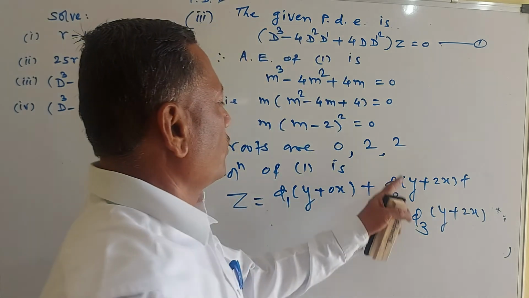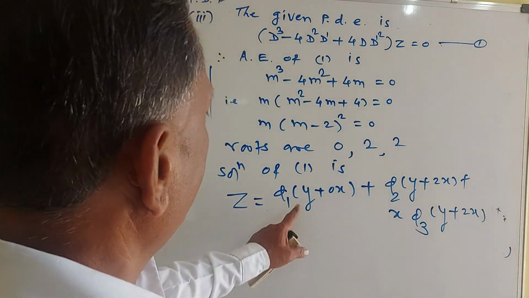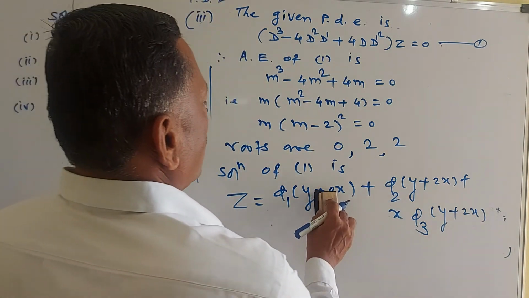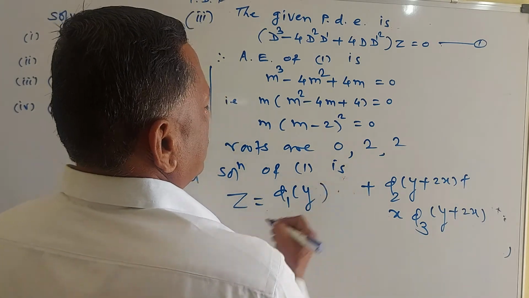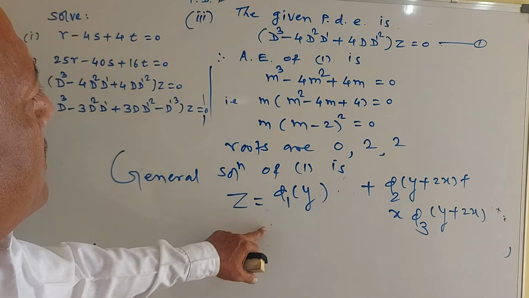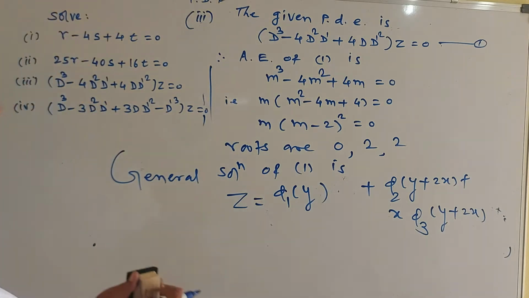Here root 2 occurs 2 times, therefore x is multiplied. Therefore phi 1 of y plus 0x means only phi 1 of y. So this is the general solution of the given partial differential equation.